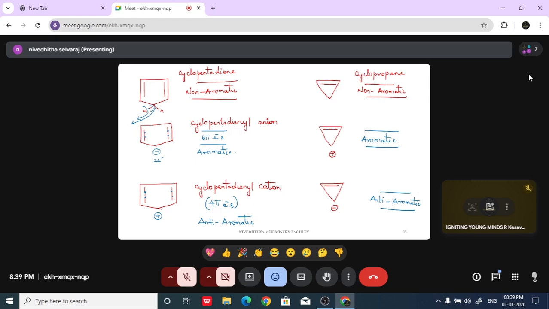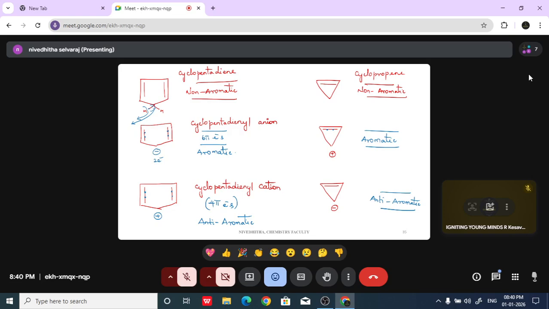Conjugated double bond, ma'am. Okay. Planar molecule, cyclic. They have a negative charge, ma'am. Yes, we have a negative charge. 2 pi, ma'am. Kanna, we have a negative charge.